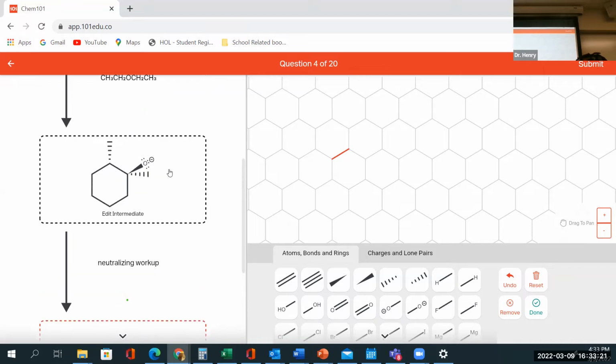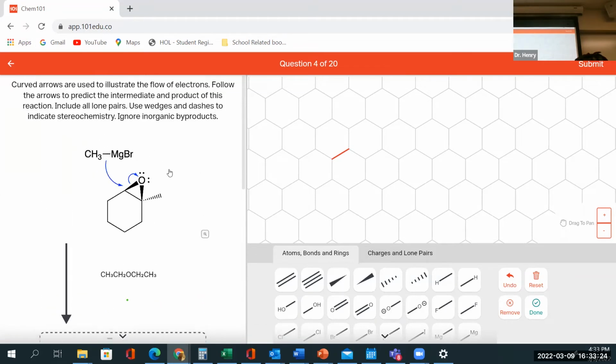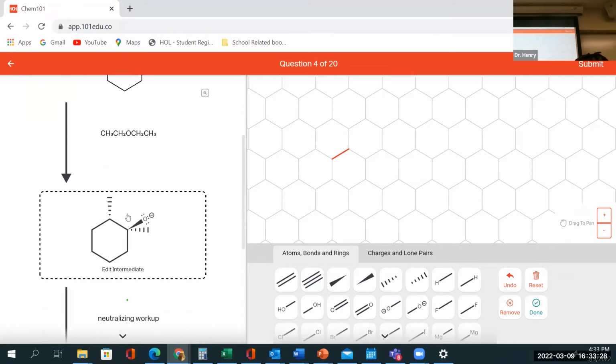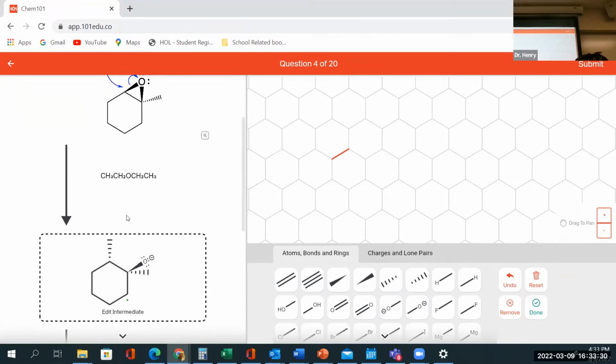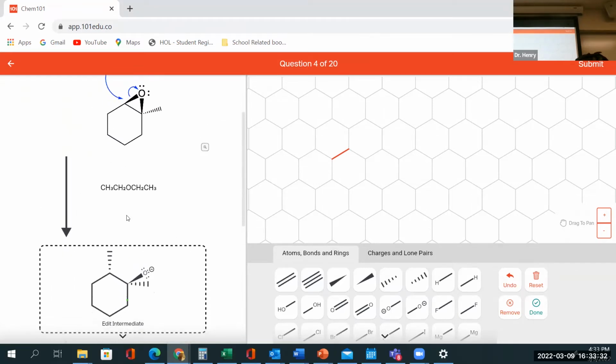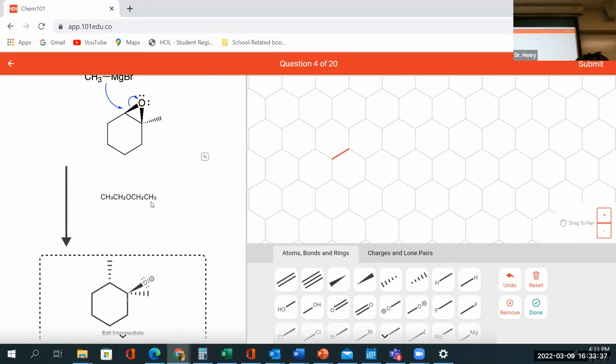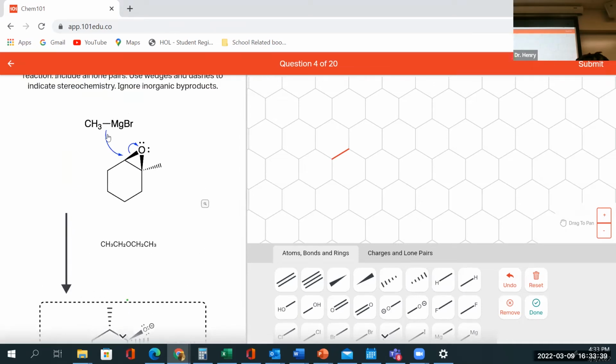Yeah, so in this reaction, it looks like we have diethyl ether, right? We'll get the methyl group added on. That's going to cause that split. So this allows the methyl to be added on. Then we get the negative charge onto the oxygen.